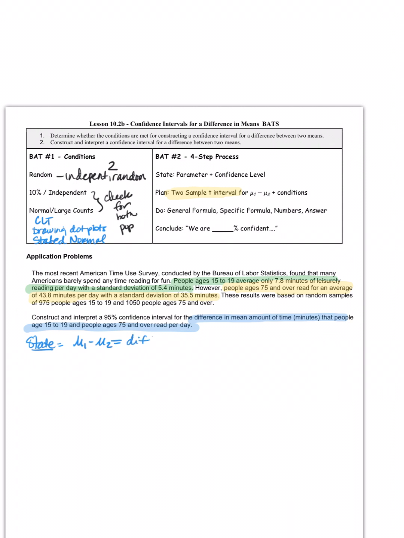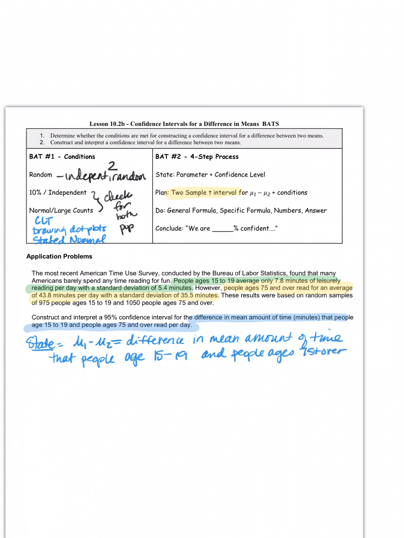It's the difference in mean amount of time that people age 15 to 19 and people ages 75 and over read per day.